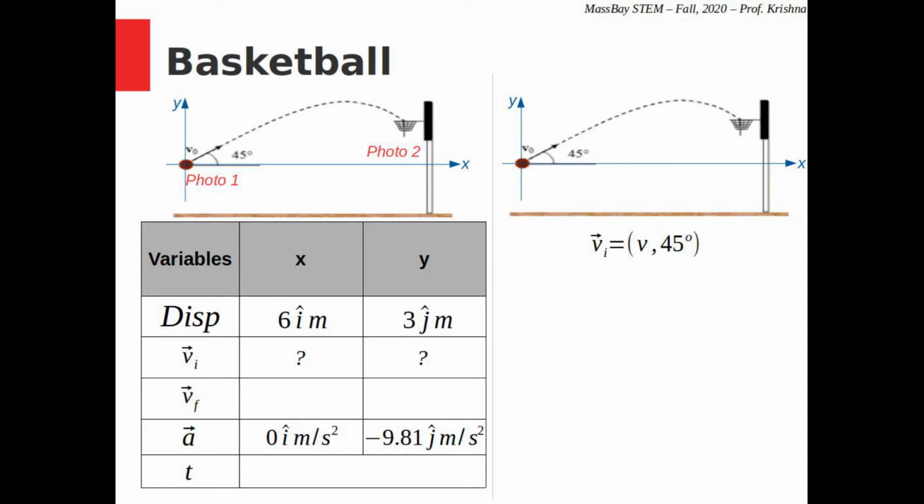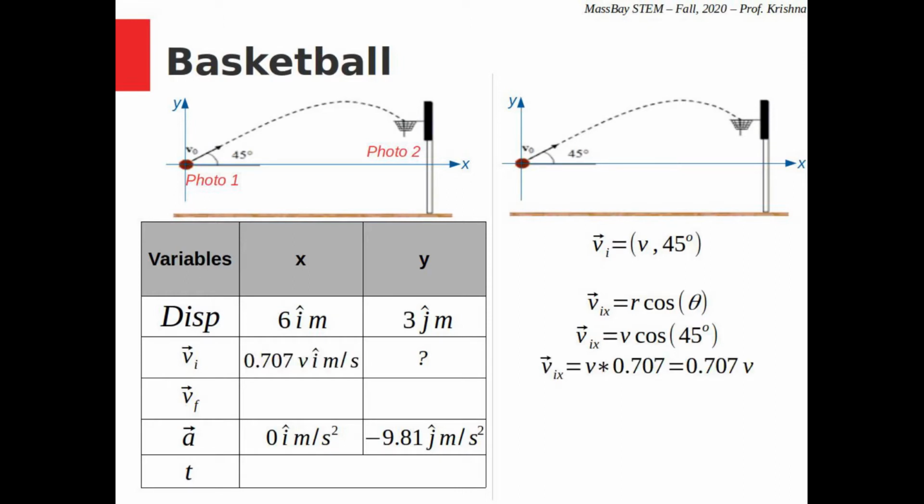Let's call the size of that initial vector v. That means we could describe the initial velocity in polar notation as v at 45 degrees. Now, let's translate from polar notation into Cartesian notation. The x component would be calculated as v cos 45 degrees.